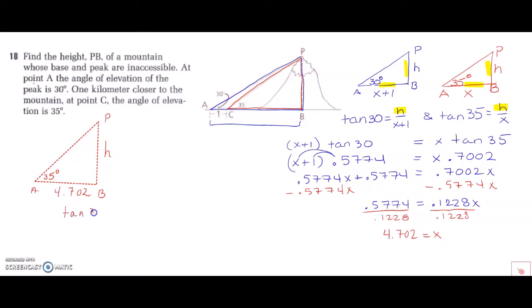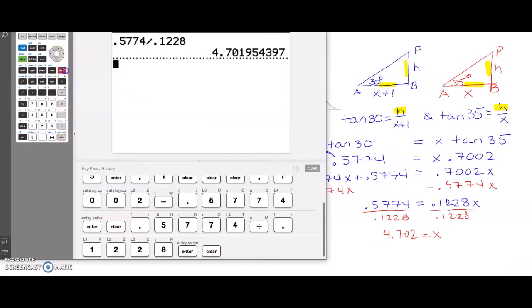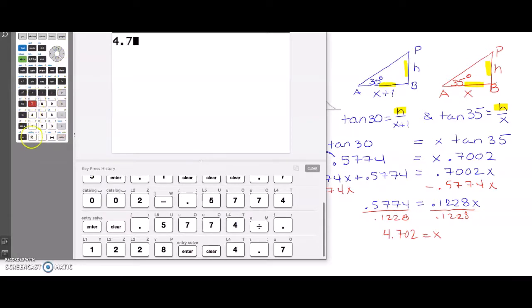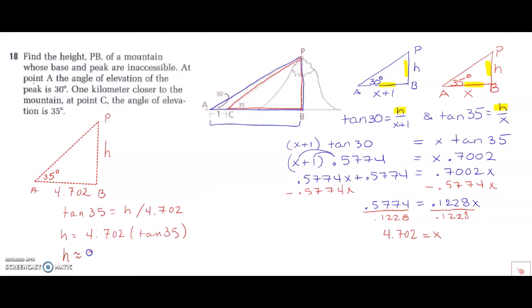So I know the tangent of 35 is going to be equal to h divided by 4.702, which means h is going to be equal to 4.702 times the tangent of 35 degrees, which is about 3.292. And that was kilometers.